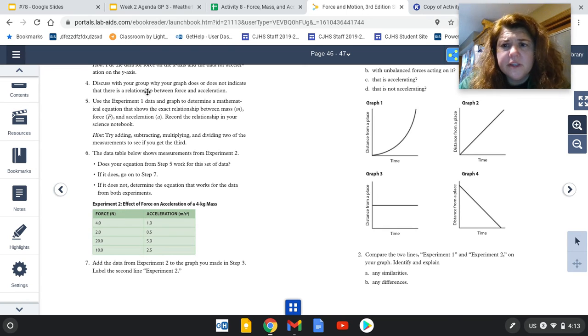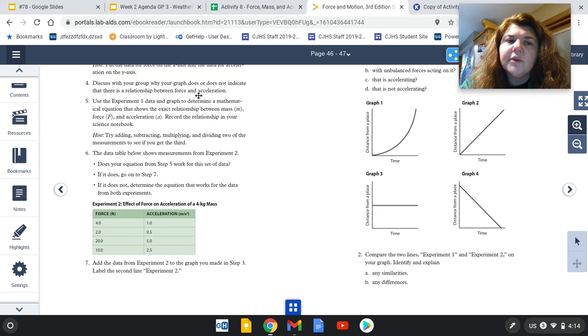So this would be a great time, if you're in class, to pause, check on each other and make sure you made your graphs correctly, and take a second to discuss if it indicates that there's a relationship between force and acceleration.